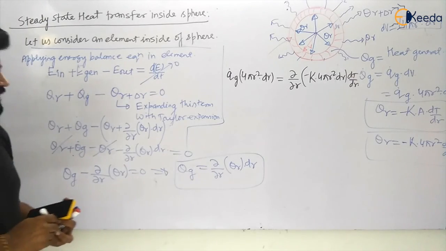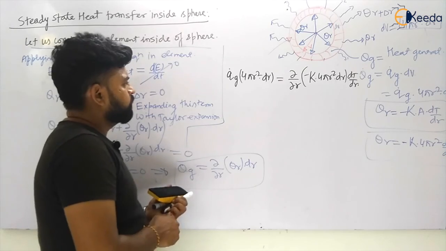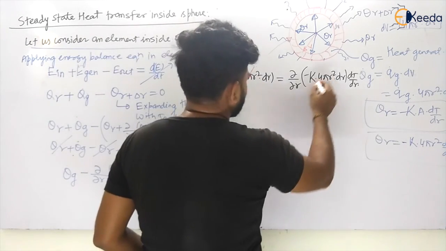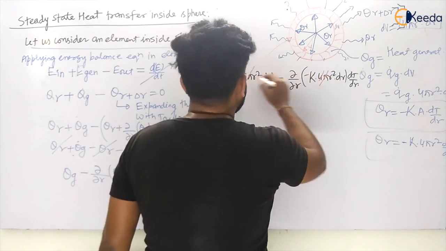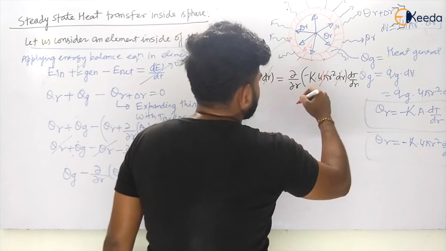Now let us cancel all the terms which I can cancel. R square will not go, 4 pi can go, and dr can also go.